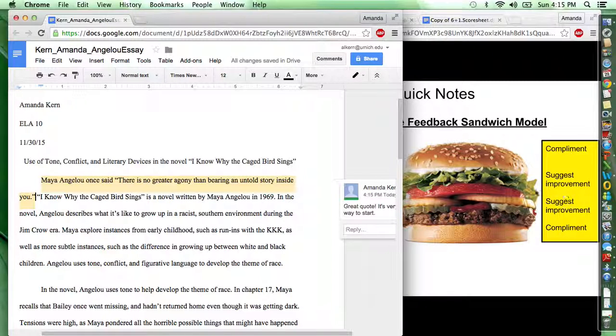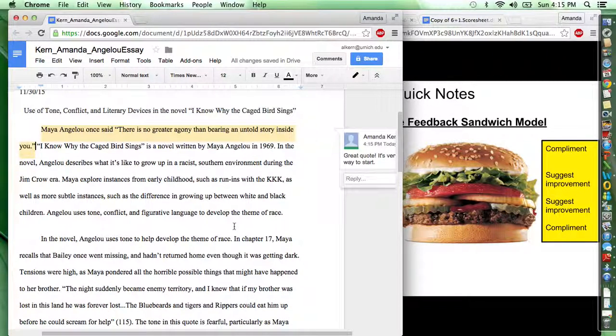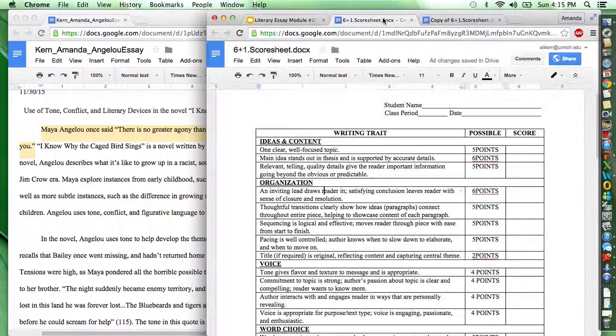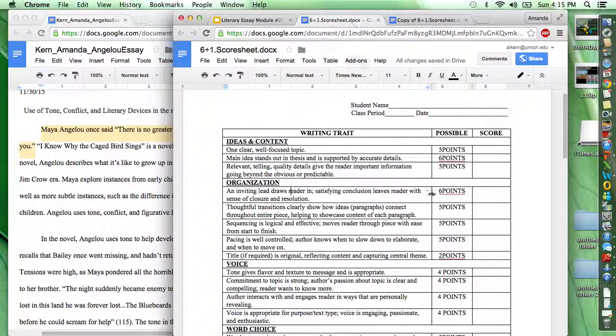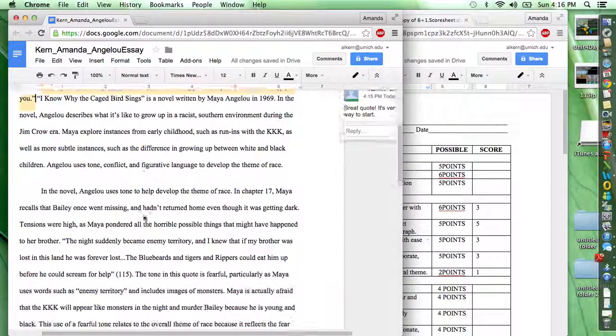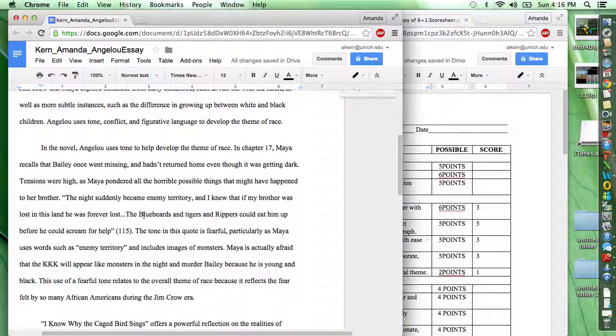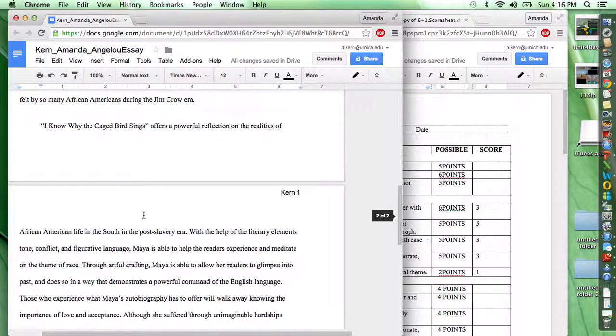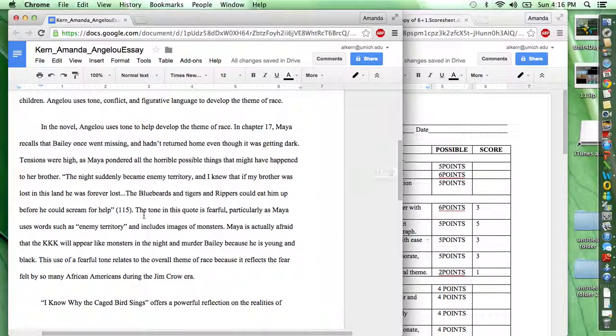The next thing I need to do is suggest some improvement. So one of the areas that I scored the person down on was organization. And I said that the sequencing wasn't so logical and it wasn't so easy for me to move from start to finish. So I'm going to highlight a particular example towards the end of the support paragraph.